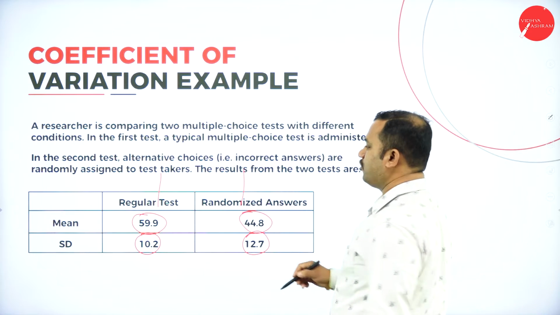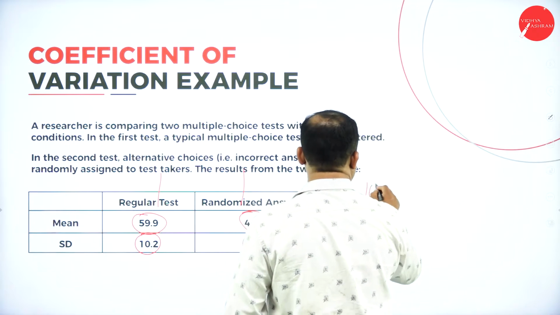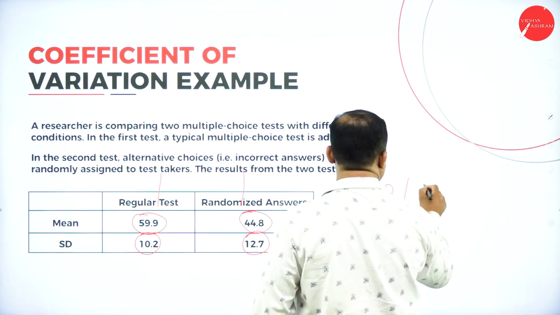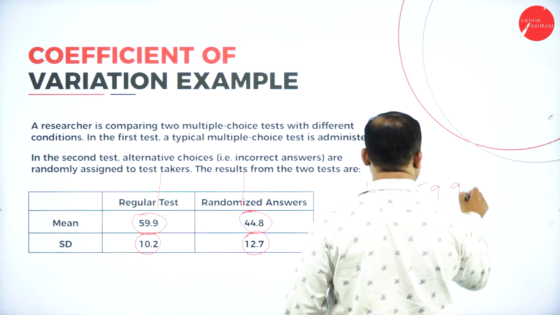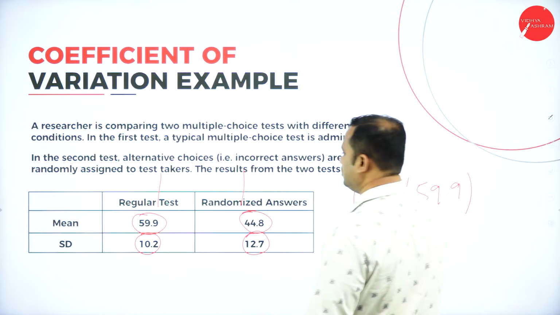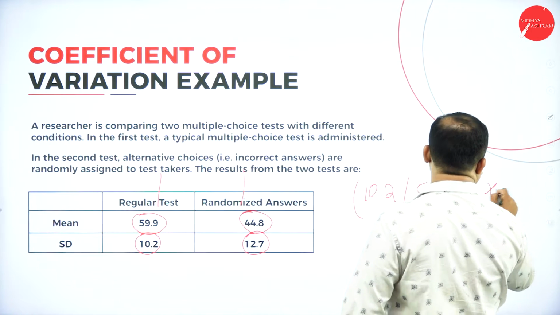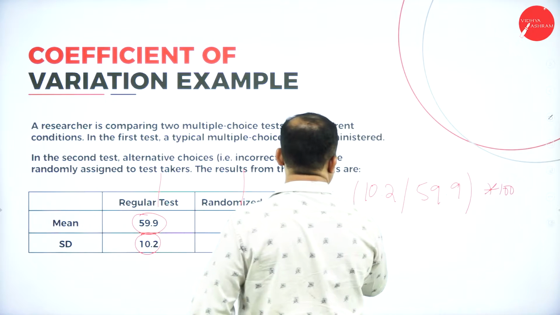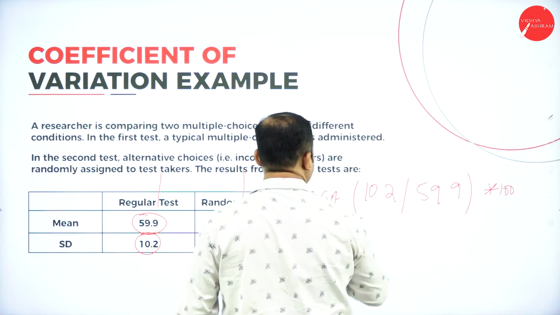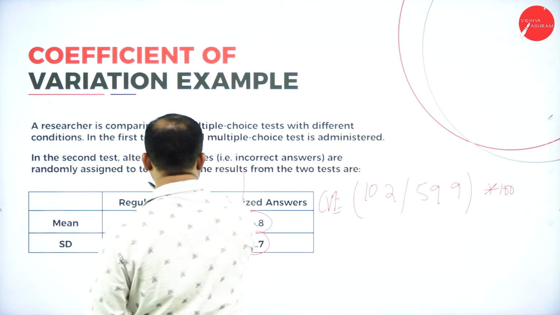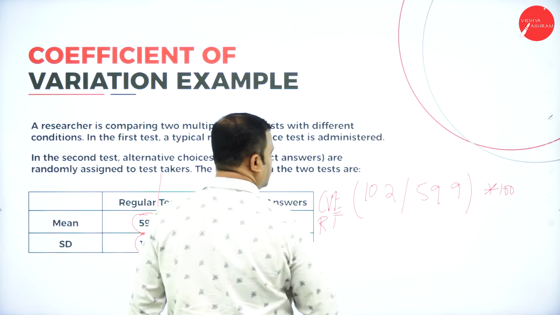In this case, what is the standard deviation? 10.2 divided by the mean, that is 59.9. Standard deviation divided by mean into 100 gives me the coefficient of variation for sample 1, that is the regular test.